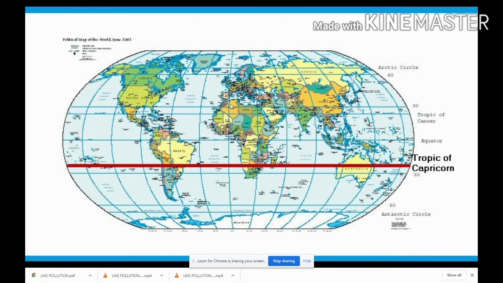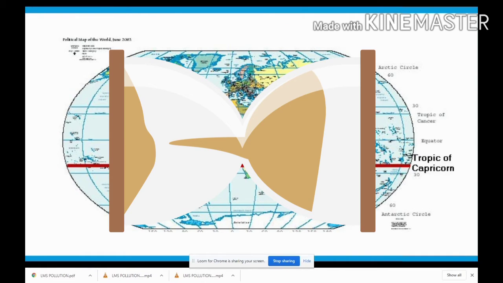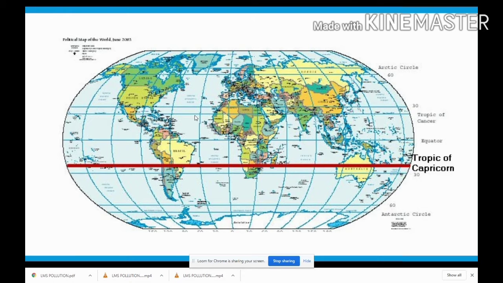The area east of the prime meridian is called the Eastern Hemisphere, and the west part is called the Western Hemisphere. From one longitude to another, a distance of 1 degree equals 4 minutes. And the last one, 180 degrees longitude, is called the international dateline.